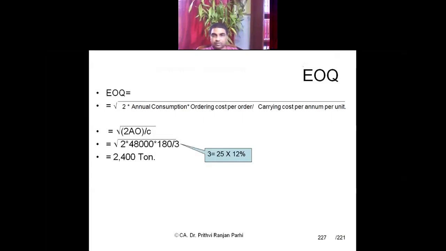Yes, sir, it is coming 2,400. You can see it on the calculator exactly. But why in the first instance you didn't get the answer?